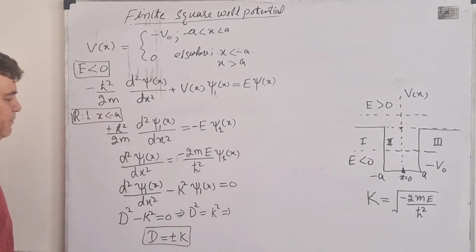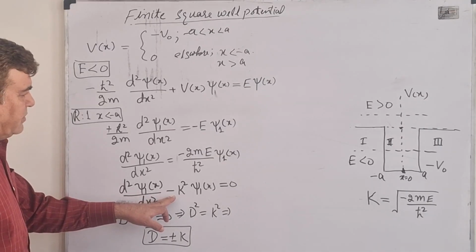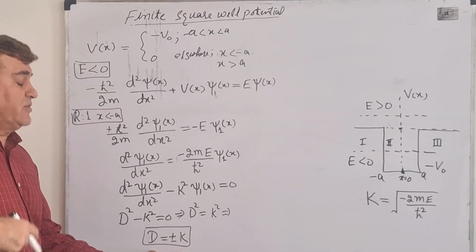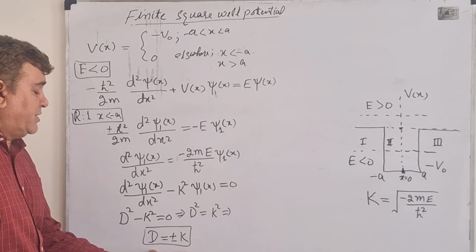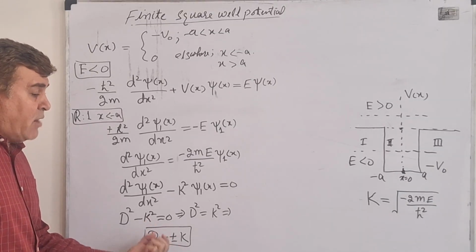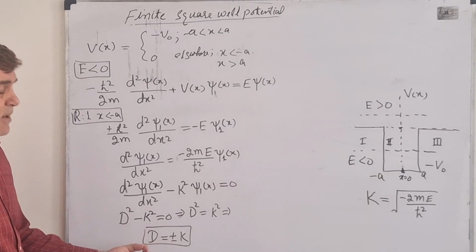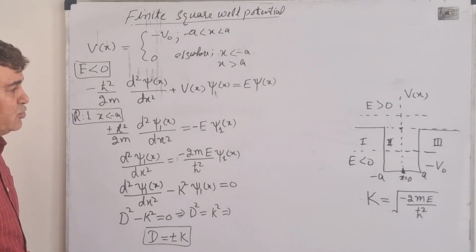So the Schrodinger wave equation in region 1 has two roots. And from the solutions of second order differential equations, we know that every root of the differential equation corresponds to an exponential solution.